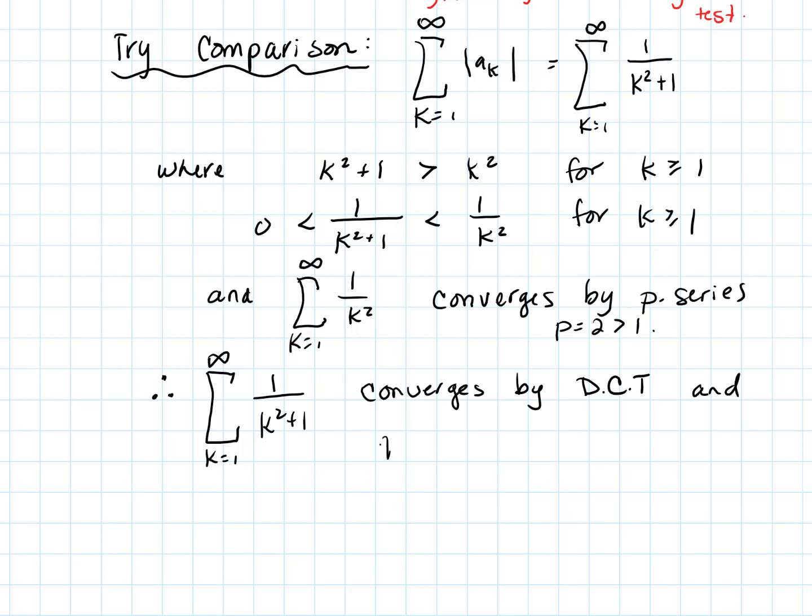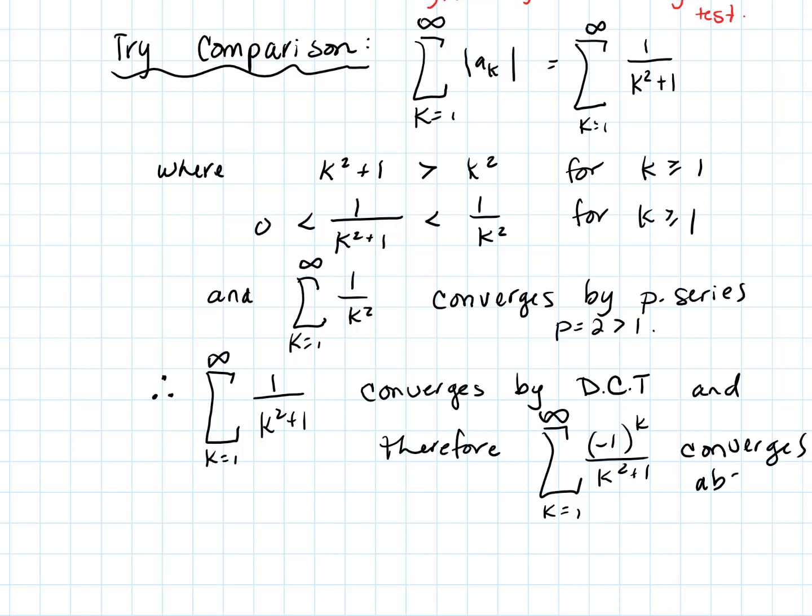And that's the absolute value of the series we started with, negative 1 to the k over k squared plus 1 from k equals 1 to infinity, so it converges absolutely.